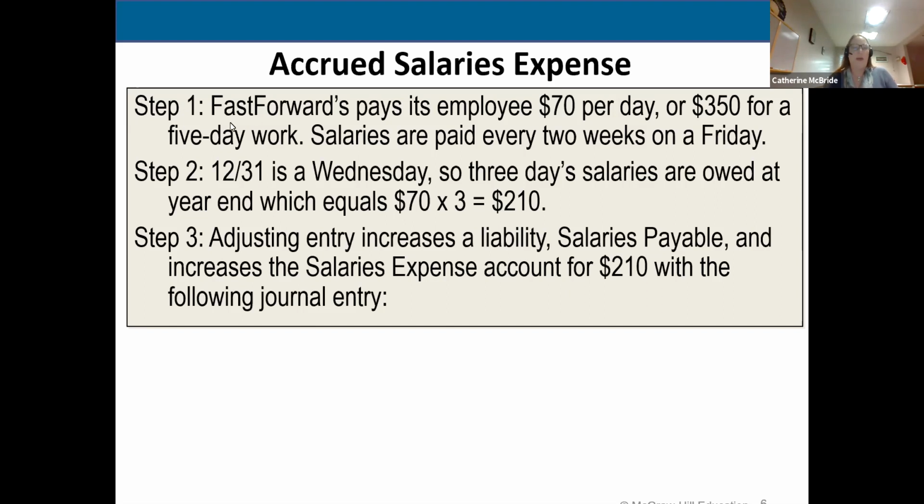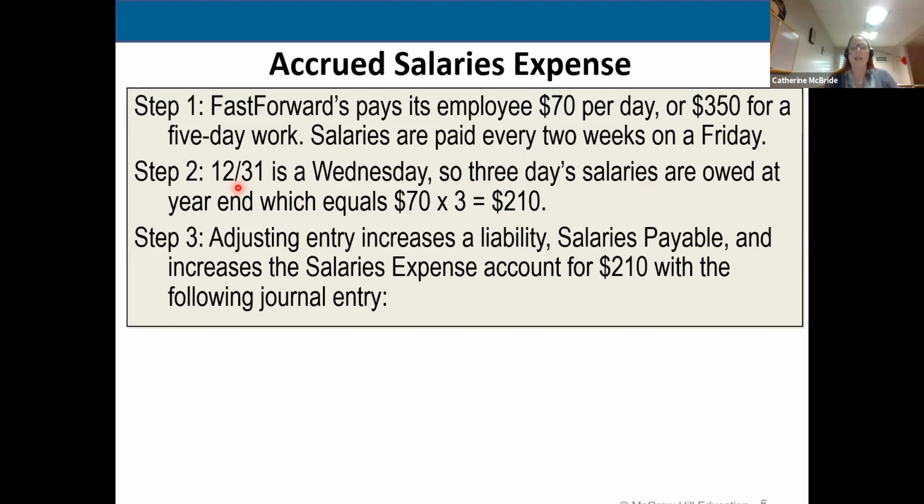So here we have Fast Forward pays its employees $70 per day, or $350 for a 5-day work week. They pay every 2 weeks on a Friday. So the end of December, 12/31, is a Wednesday. So the last time they got paid, and we're pretending like we have no holdback, the last time they got paid was the last Friday.